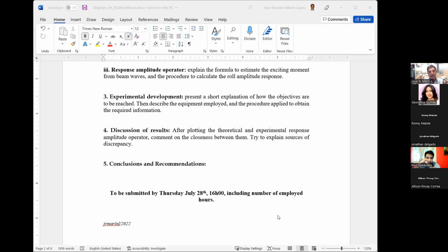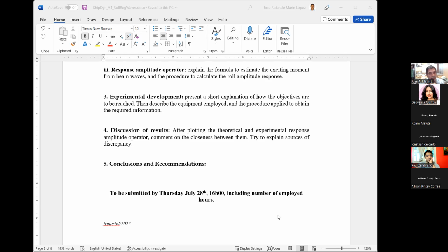Let's suppose that we are not able to read this. You have to tell the audience that you are completing a sentence. So you said, present a short explanation of how the objectives are to be reached. And you say reached. And everybody understands that the sentence ends there.